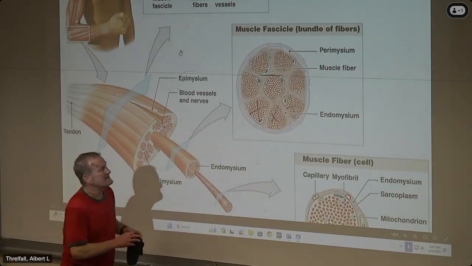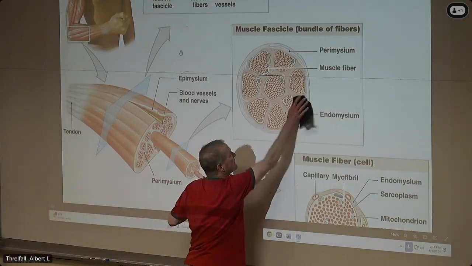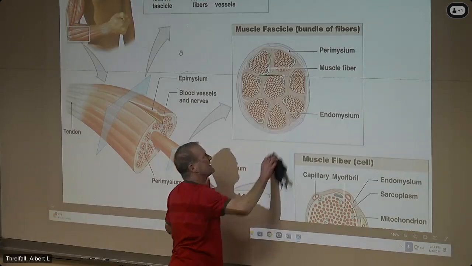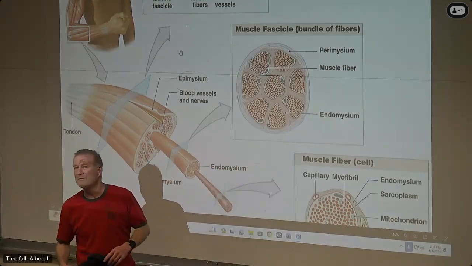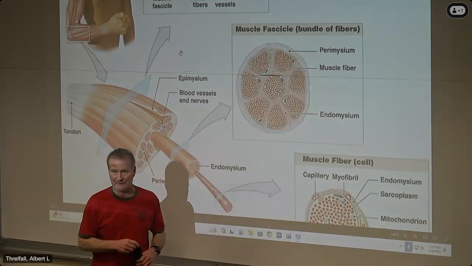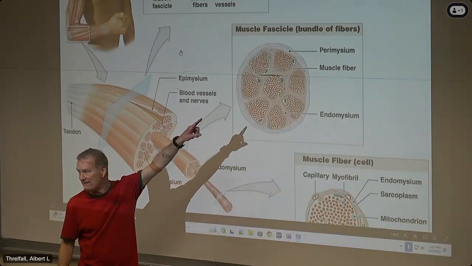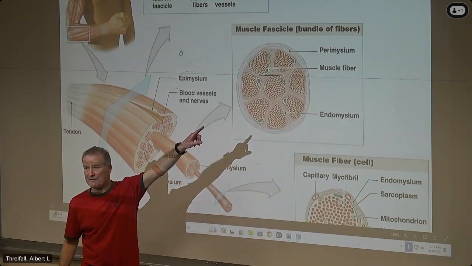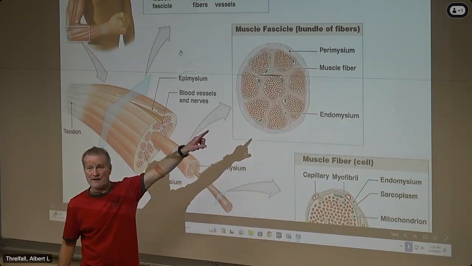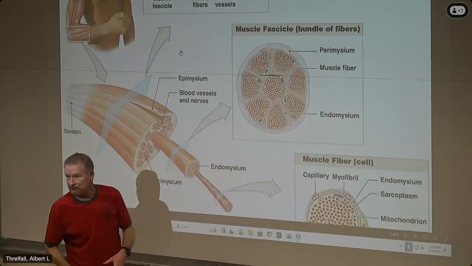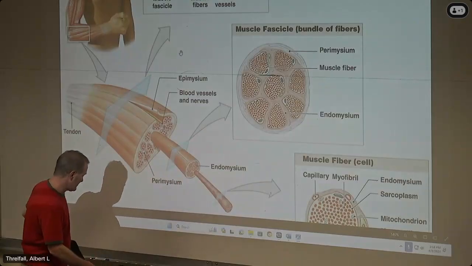So the perimysium surrounds, binds, holds together the subunits of a fascicle, which are muscle cells, also called muscle fibers. But I think I've already told you that, right? In the little chart when I broke down a nerve and a muscle cell, muscle fiber, interchangeable.